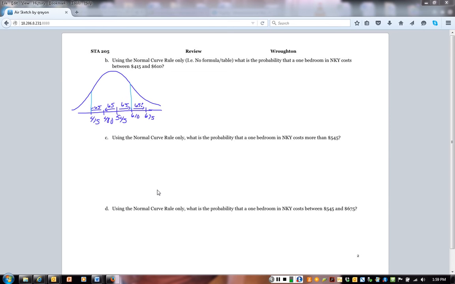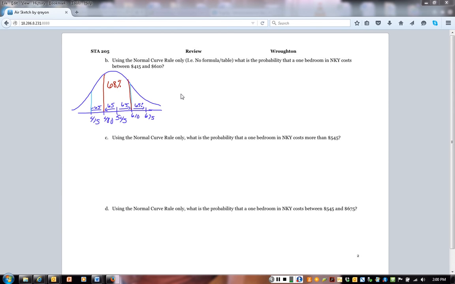Alright, so let's figure out what we know. So we know, again, between that 480 and 610, that's our one standard deviation out. So I got 68% there. So the only thing I really need to do is find this little piece.